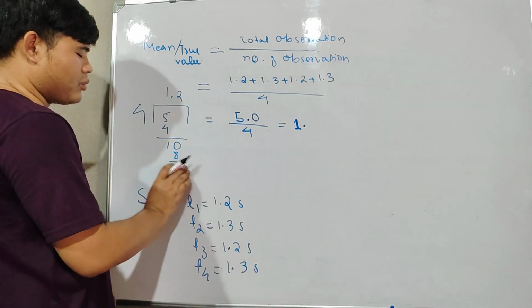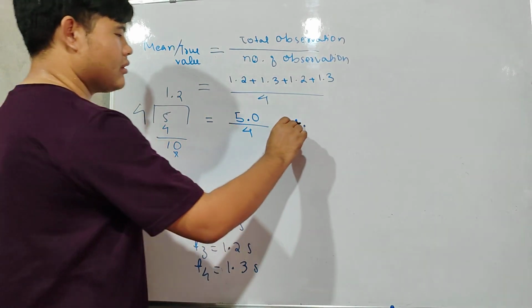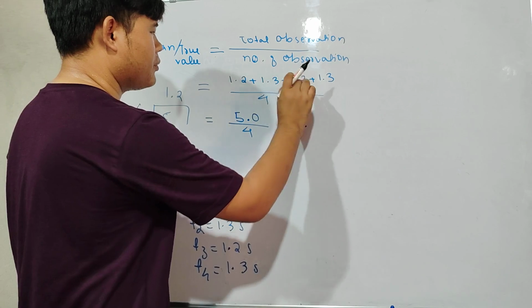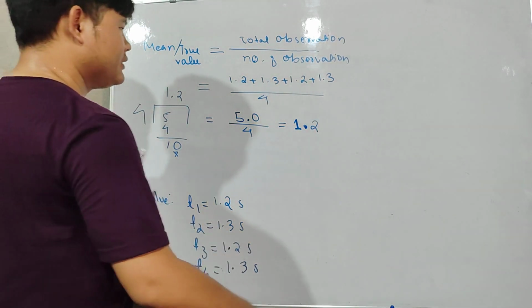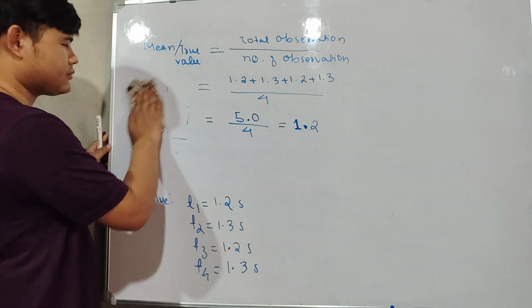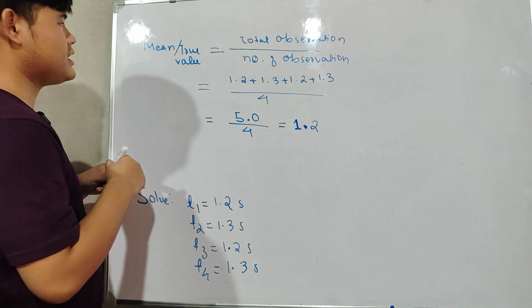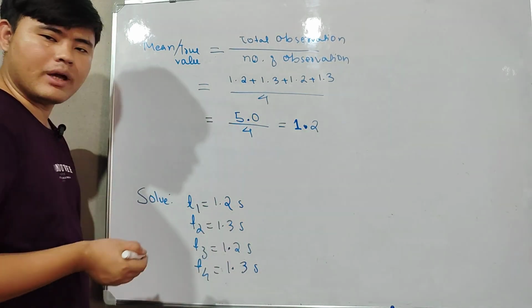So let's leave it up to 1.2 only, because here you have only 2 significant figures. So 1.2. This is our mean. This is our true value.